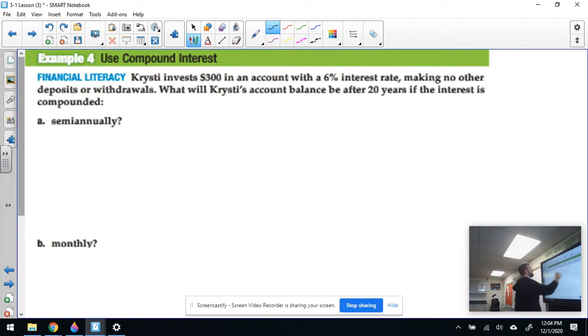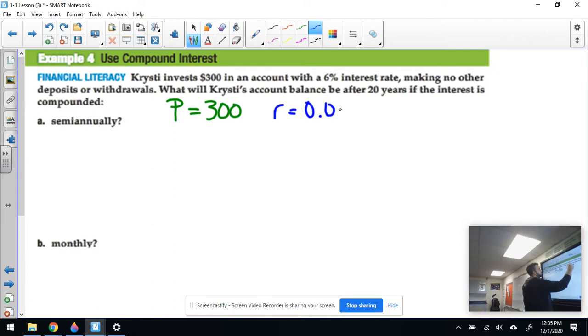So let's look at these. We can find some of our information. First off, our principal, she invests $300, so P is 300, right? Then we need to know what R is. R is 6%, so written as a decimal, 6 over 100, or moving the decimal place 2 spots to the left, is 0.06.